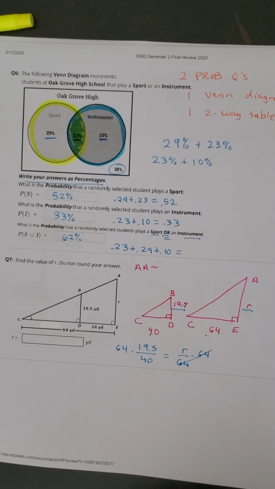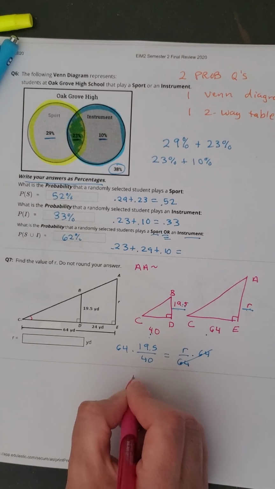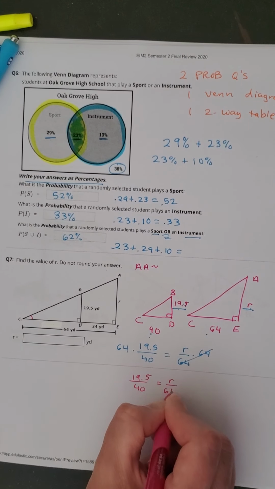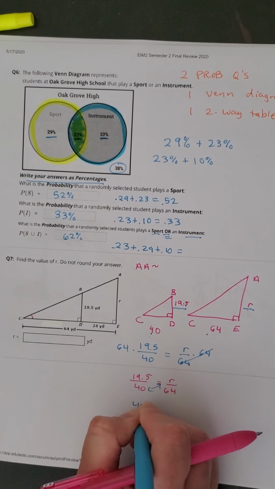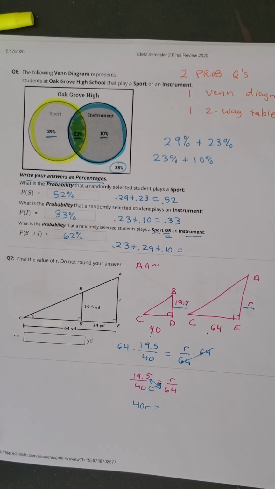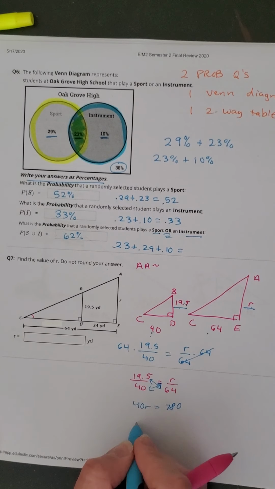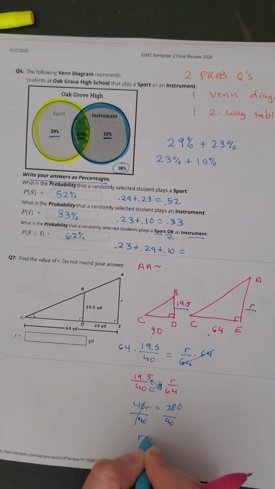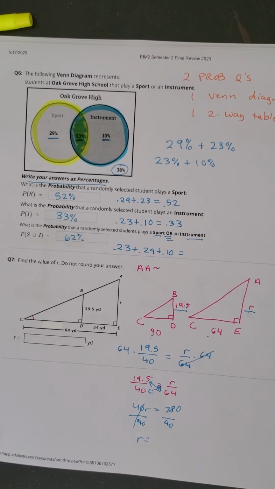It's up to you. I'm going to go ahead and cross multiply. So 19.5 over 40 is equal to R over 64. Cross multiply, I get 40R is equal to 19.5 times 40. You are allowed to use your calculator. That's 780. And then I would divide both sides by 40. R is equal to 19.